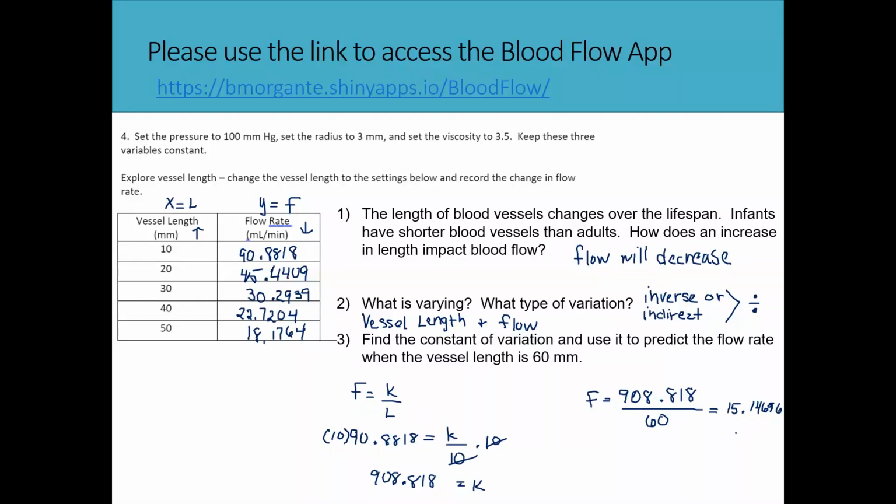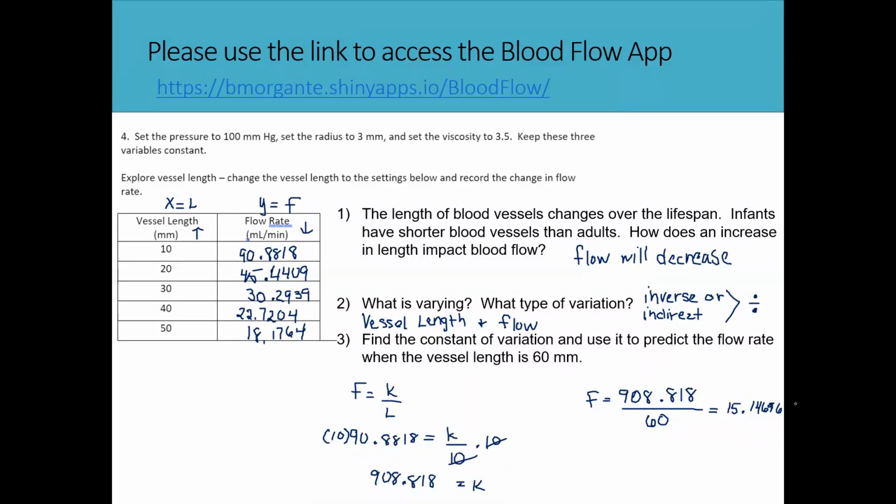And so we have gone through the entire process here to model a variation problem. And what we did is we first observed in the data whether they were both increasing or whether one was going up and one was going down. In this case, one up, one down, that is the inverse or indirect, which gets modeled by division.